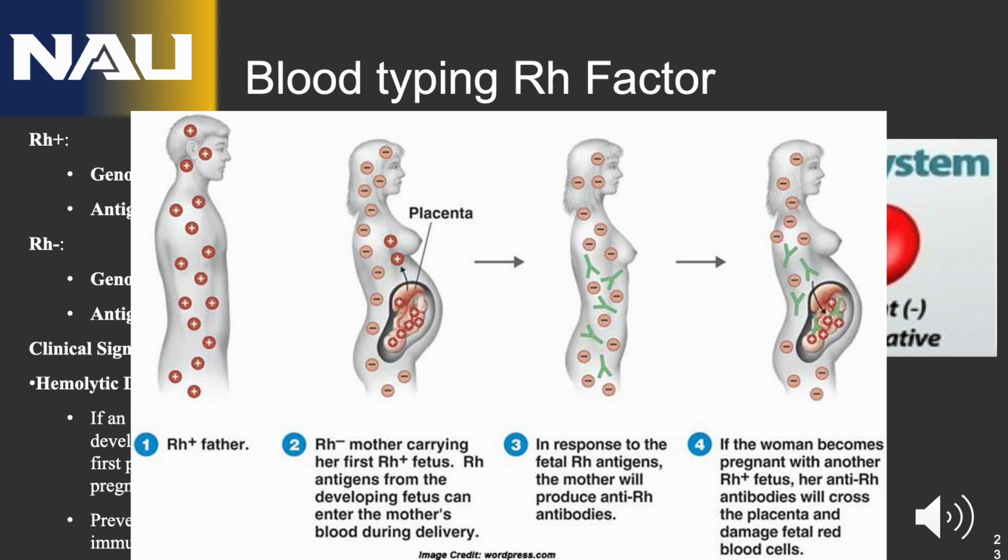After the first Rh positive pregnancy, the mother's body may develop antibodies against Rh antigens, which can affect subsequent Rh positive pregnancies. This condition is preventable with medication that suppresses the mother's immune reaction. When the mother creates these antibodies, the antibodies can attack the fetus's blood cells, causing hemolytic disease of the newborn, which can cause many issues.